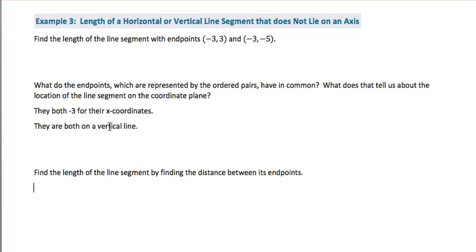So then finding the length of the line segment is simply finding the distance between 3 and -5 on that vertical number line. And so it is 8 units long.